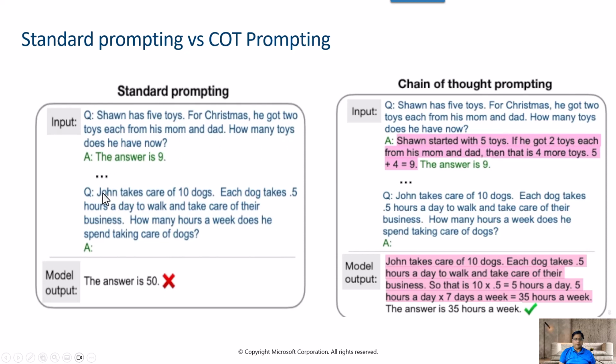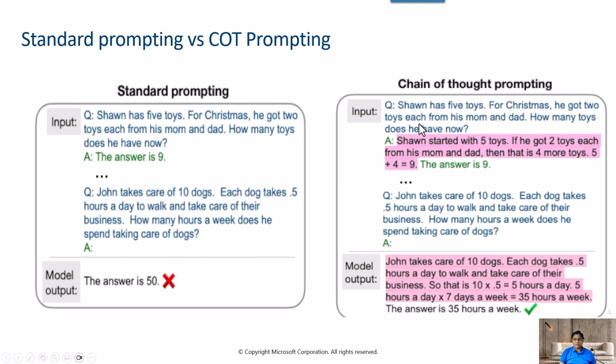Now another example: John takes care of 10 dogs. Each dog takes 5 hours a day to walk and take care of their business. How many hours a week does he spend taking care of dogs? So the answer is 50, which is wrong. Why is this answer wrong? Because there is no step-by-step reasoning, and the answer is given without step-by-step reasoning.